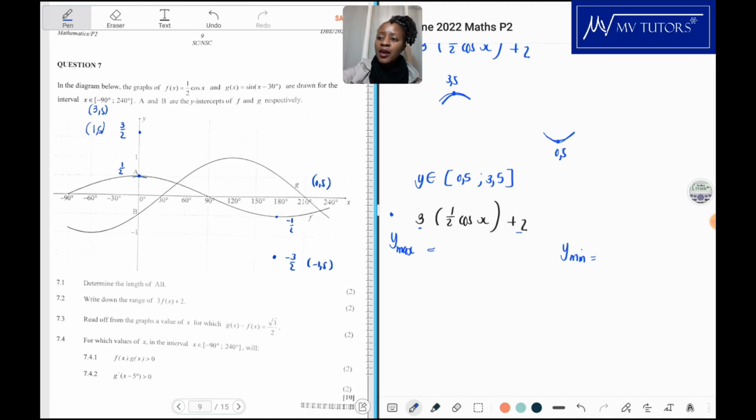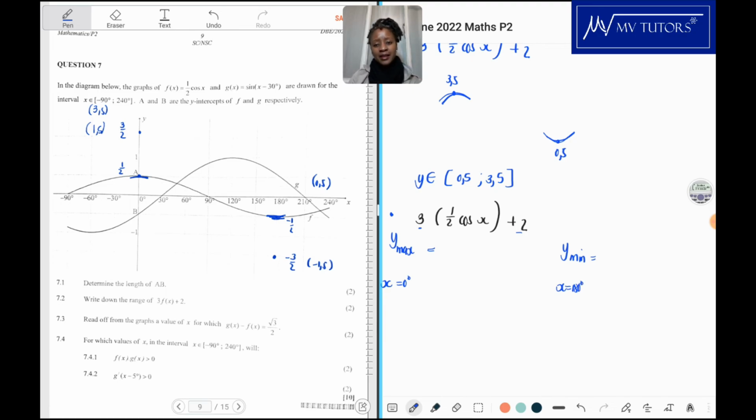Here we have the max, and there that's your minimum. What is the x value there? Where y is max, I actually have 0 degrees. Where this graph f is actually a minimum, that's 180 degrees.